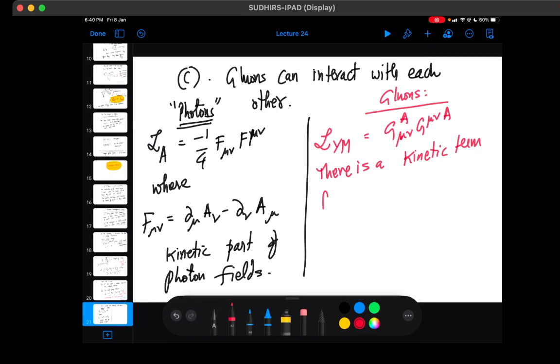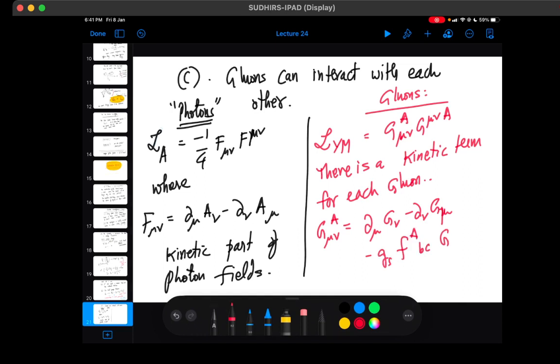Further, it doesn't stop there: G_μν^A equals ∂_μ G_ν^A minus ∂_ν G_μ^A minus g f^{abc} G_μ^b G_ν^c.